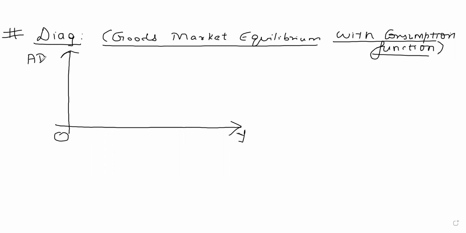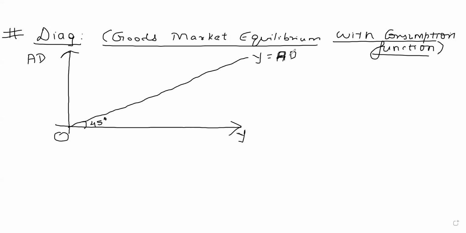Remember, our output is equal to the planned aggregate demand. So our desired line is ideally the 45-degree line. The feature of this 45-degree line is that all the points on it correspond to my output being equal to my planned aggregate demand. That means for all the points on this line, Y is equal to AD.